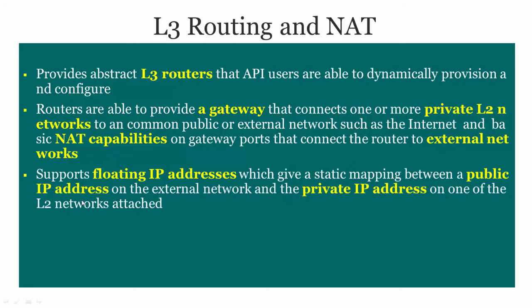The router can also support floating IP addresses. Using floating IP addresses, anytime we can provide the connection between private and public network addresses. The external network can always access the public IP addresses. So a floating IP address must belong to the public IP address, and it can connect to private IP addresses as well. And this private IP address must always be attached to L2 networks, like OpenvSwitch.